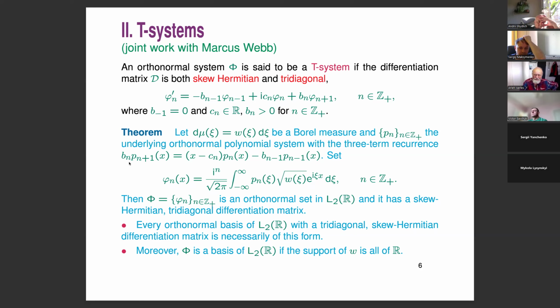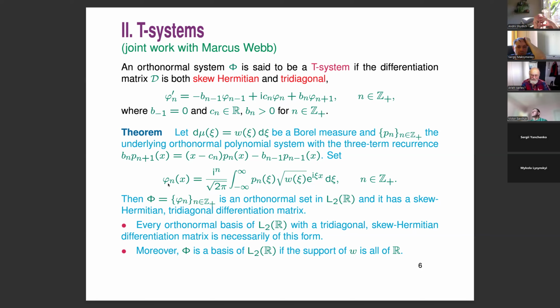The b's are positive, as it should be, c_n is real, as it should be, and in this case, we set phi_n of x equals i to the power n over square root of 2 pi, this is a normalizing constant, so that everything is of norm 1, times the Fourier transform, or the inverse Fourier transform, of P_n times the square root of the weight function, the Radon-Nikodym derivative. And if we have an atomic measure and the derivative is, say, a linear combination of delta functions, the generalization is obvious.